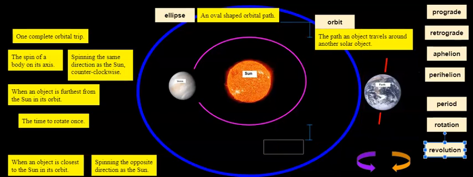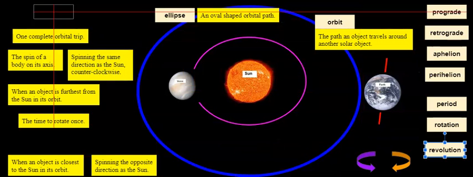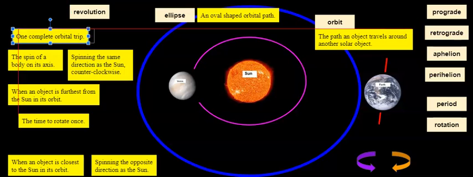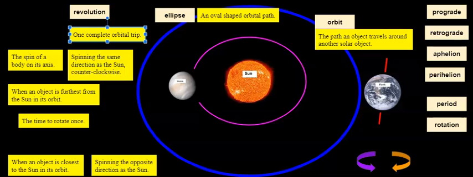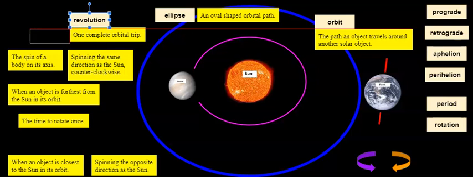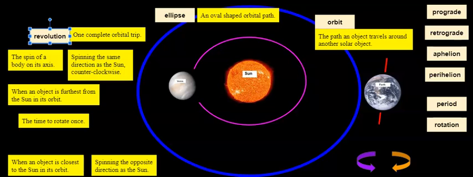So let's stick this over here, and I'm actually going to stick revolution up here. Oh, and that works out well because the revolution is one complete orbital trip. Okay, so let me get those two connected. All right, so one complete orbital trip is a revolution. Let me move that over here a little bit. I think I'll like that better.